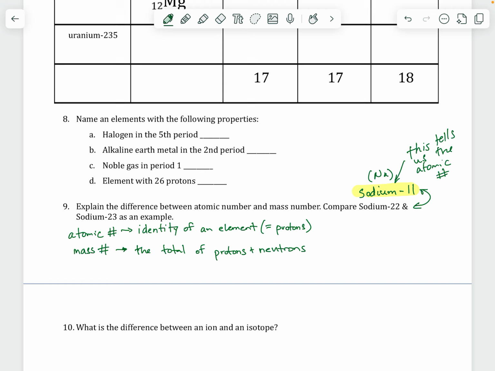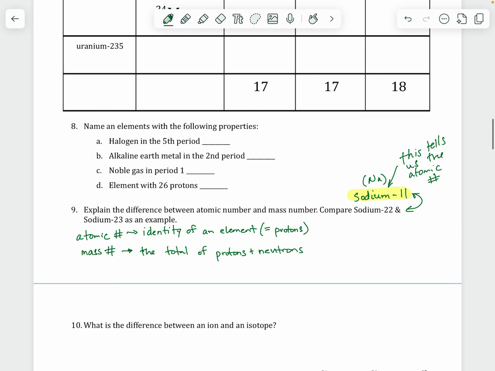So this first version is basically saying sodium, sodium, and we don't need to say that. So instead, when we write these out, the sodium is the atomic number itself, and the number that follows is the mass number for that particular isotope, right?